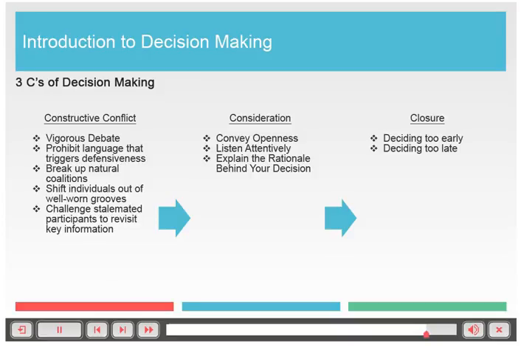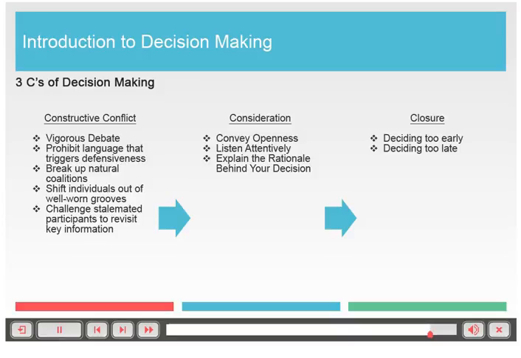We don't want to use terms like "you're stupid" or "that idea was dumb." We want to make sure that people who tend to create coalitions, right? This is not all Survivor. We're not playing Survivor. We're playing business. And when we get people to start working in little groups and coalitions, and they start working against the other group, that's going to create a problem when it comes to having rigorous, vigorous, appropriate debate about issues.